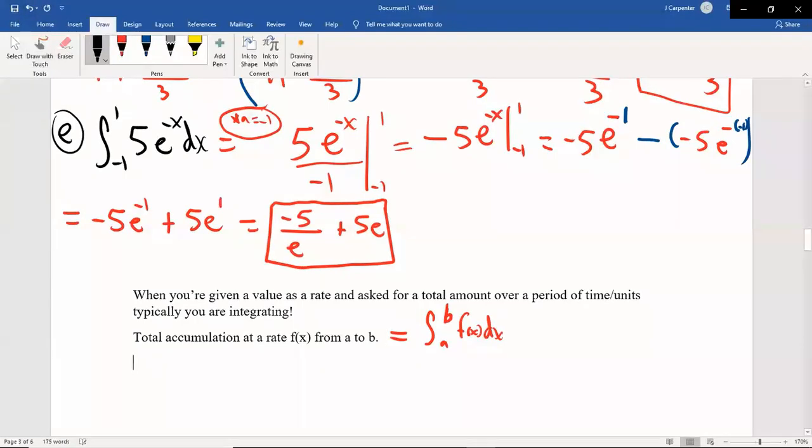Example 3. Finding total amount tested. All right.